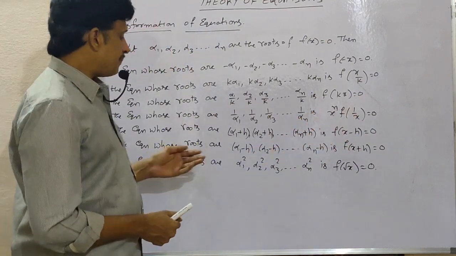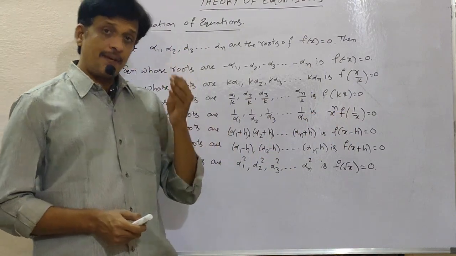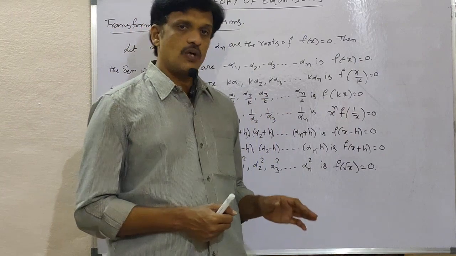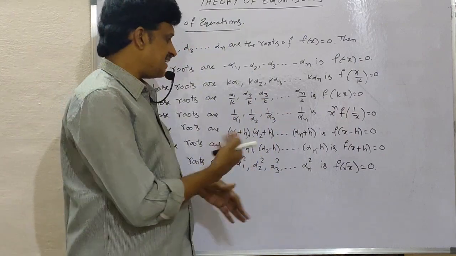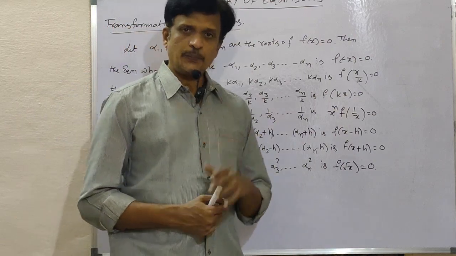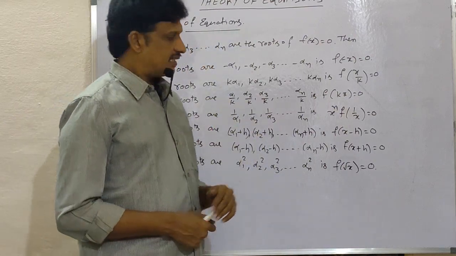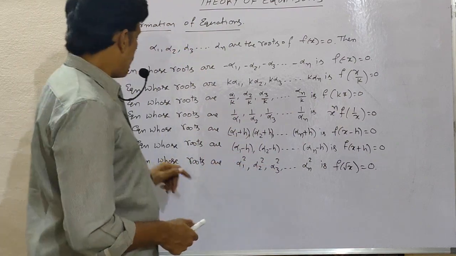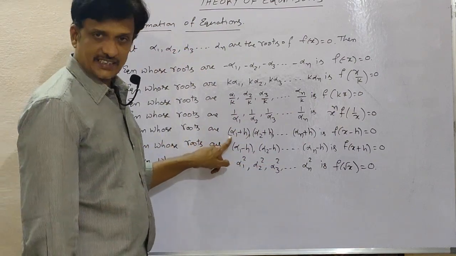Next, sometimes each root is increased by a value h. Here h is either positive or negative. Positive means we are adding some value, negative means we are subtracting some value. Suppose h is positive in these two cases. Then the positive value we are adding here, and we are subtracting here in the next one. Now each root is increased by h.